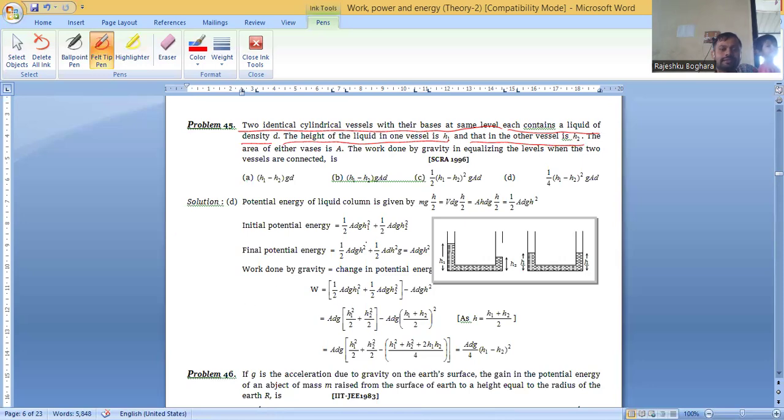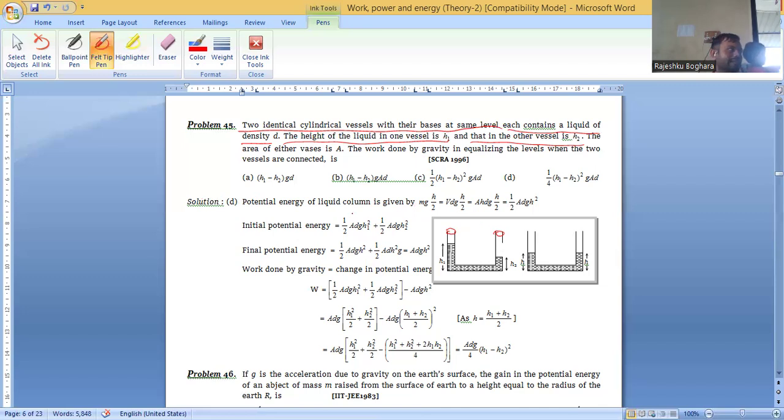Height is here H1 and here H2. The area of either vessel is A, the cross-section area is A. The work done by gravity in equalization of the levels when the two vessels are connected, both vessels, then the height is the same.